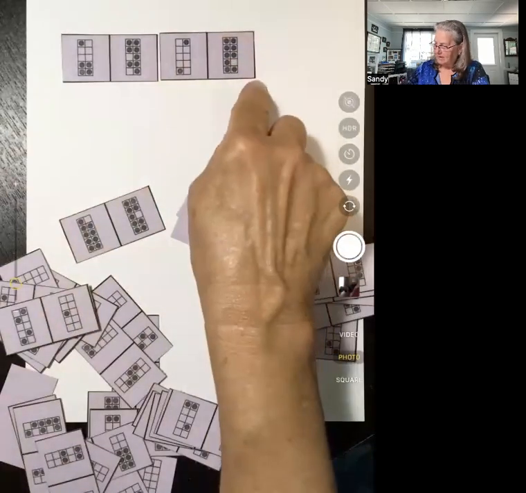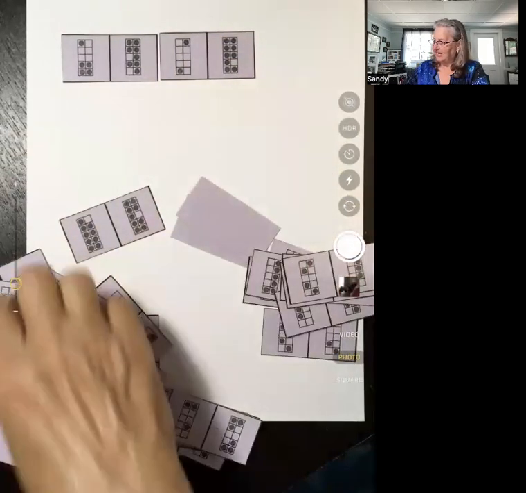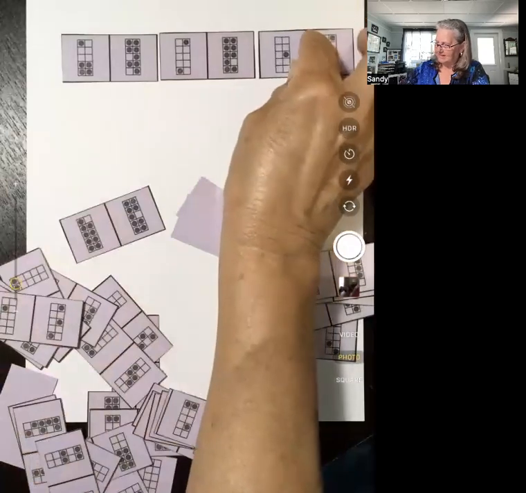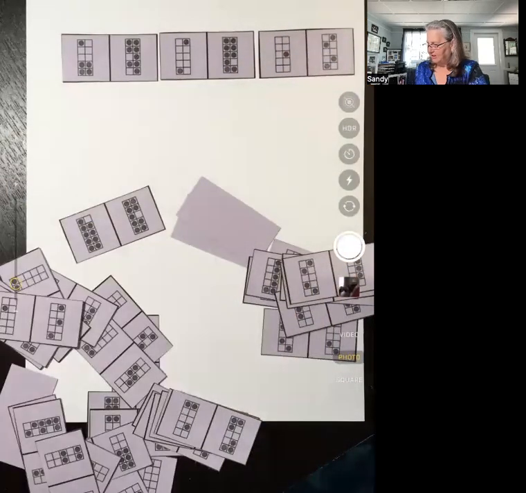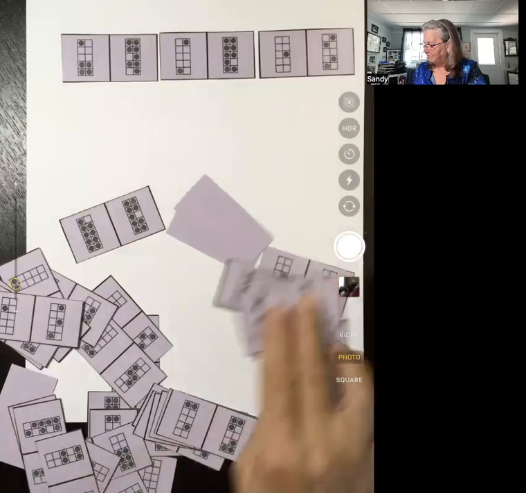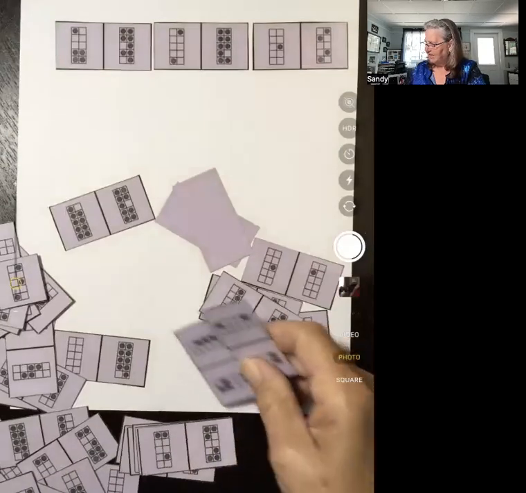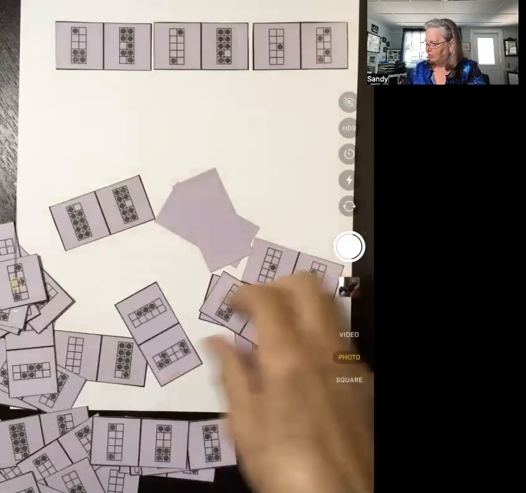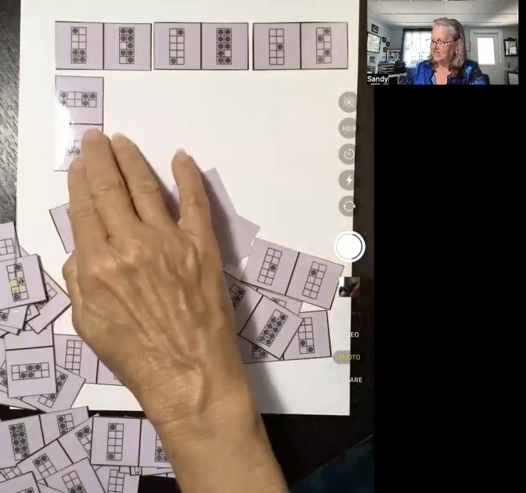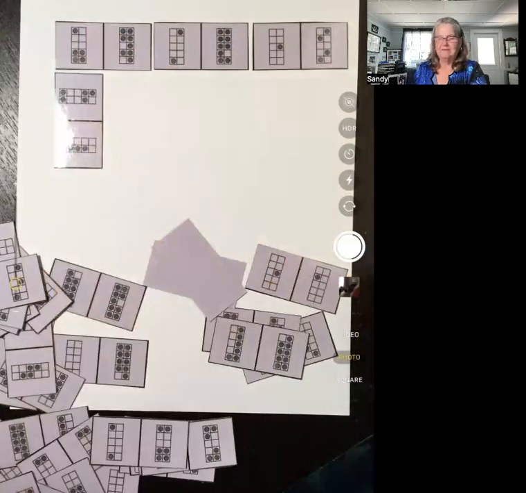I have to combine with the 9 here. 9 and 1 must be 10. I have 5 over here. 5 and 5 must be 10. So as I'm going through, the imagery shows me what I need for the missing pieces.